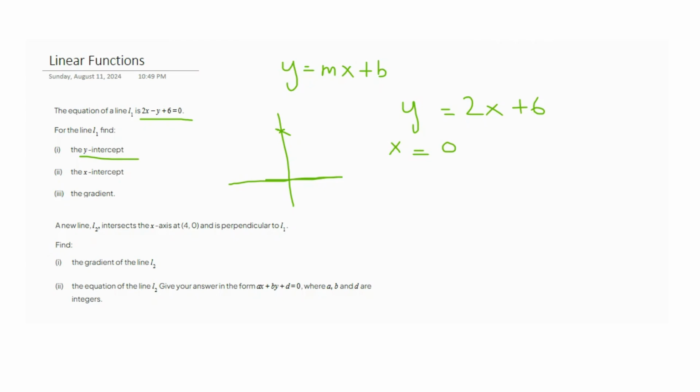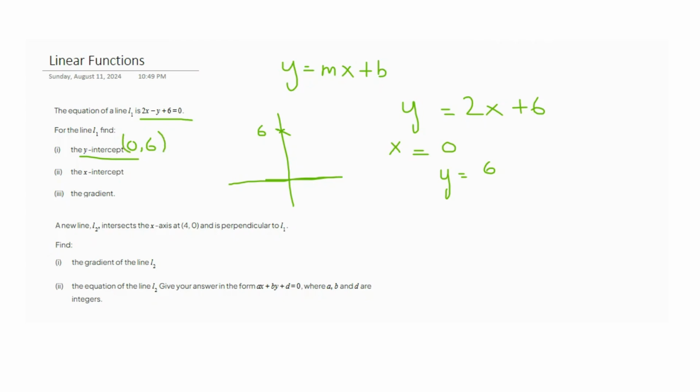That's the reason we put x equals 0 here. Once you put your x value equal to 0 in the equation, it's just going to give you 6. So this means that the y-intercept is 6. We got the answer for the first part. The coordinates are going to be 0 and 6.